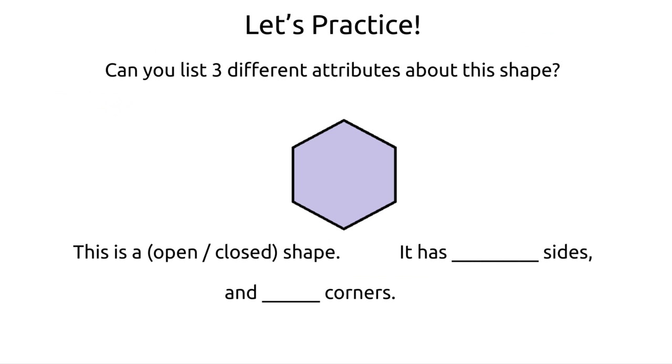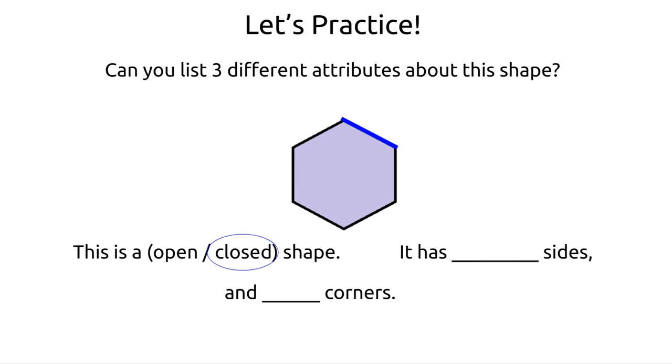So let's practice. Let's see if we can figure out what attributes this shape has. Let's first decide, is it an open shape or is it a closed shape? What do you think? If you thought that it's a closed shape, you're right. There's no openings. It's all connected all the way through. Let's see if we can figure out how many sides it has. 1, 2, 3, 4, 5, 6.